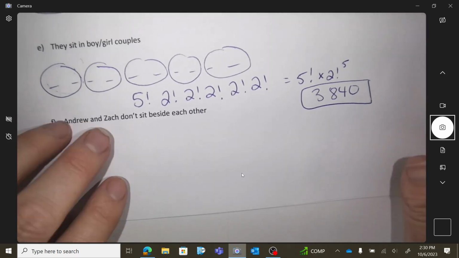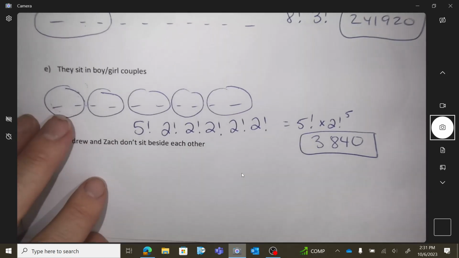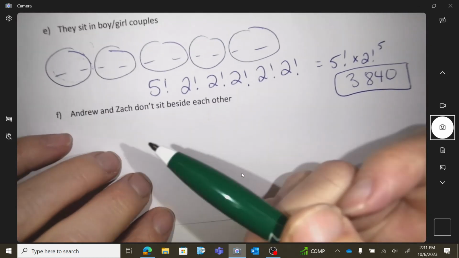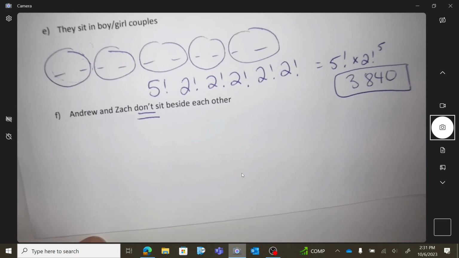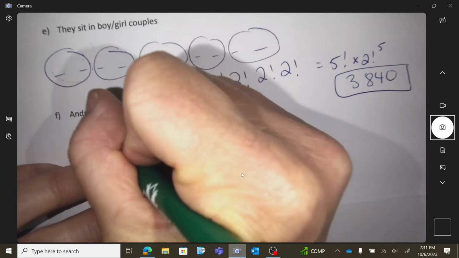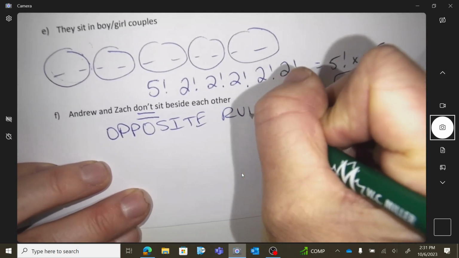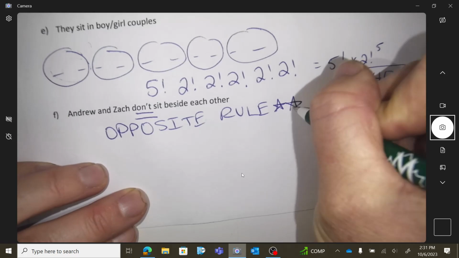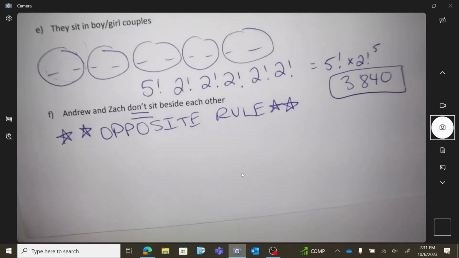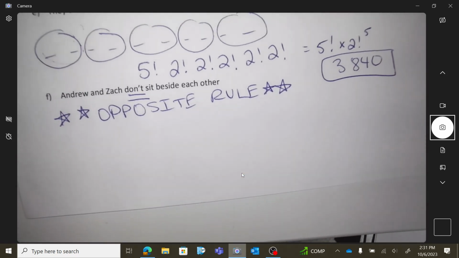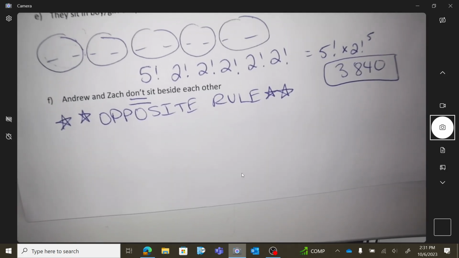Okay, and the last question on this page. Andrew and Zach don't want to sit beside each other. So this one we're going to use what I'm going to call the opposite rule. Would it make sense within all the arrangements you would either have that they are sitting beside each other or they're not sitting beside each other?